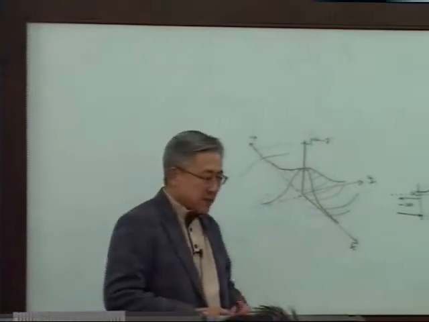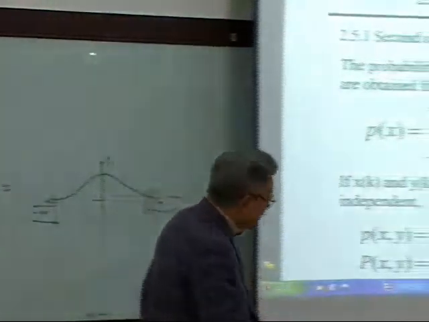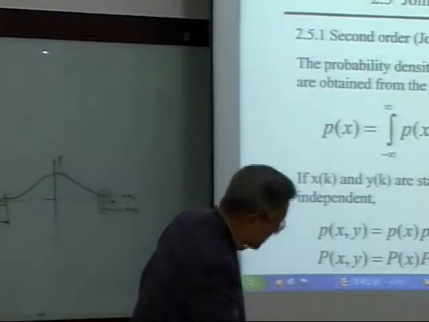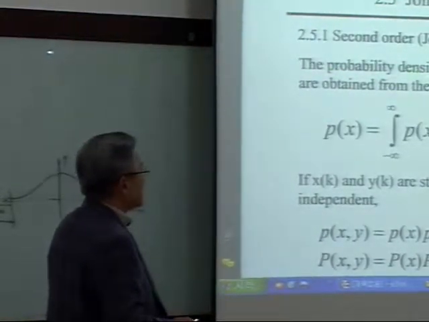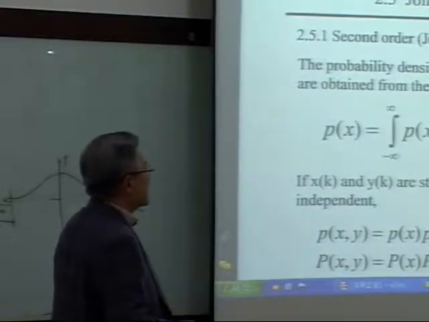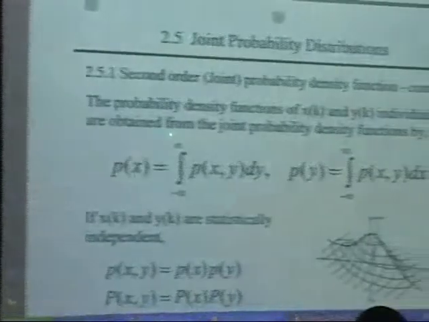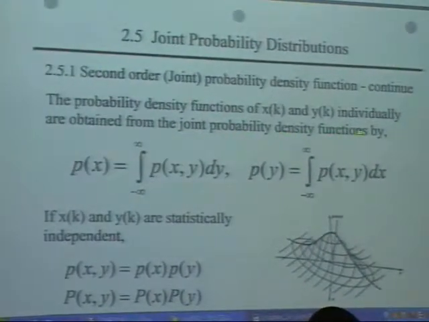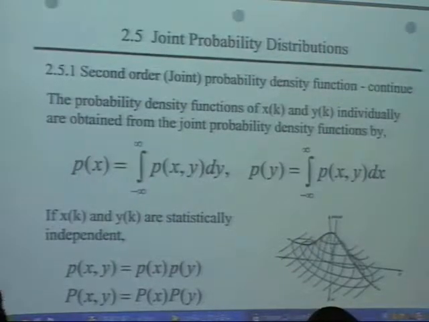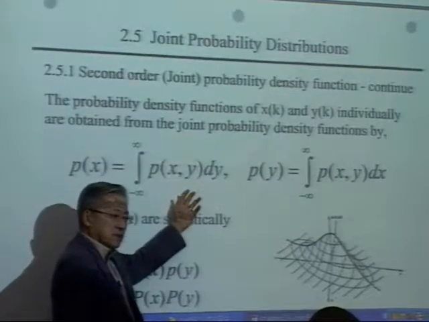Okay. So here, what I did was, let's read this one a little bit. The probability density functions of x and y individually are obtained from the joint probability density function. In other words, this is a joint probability.